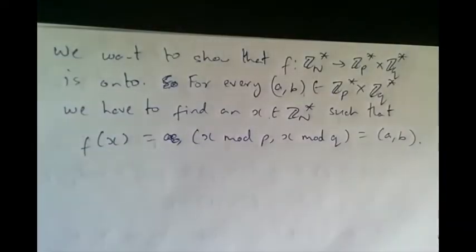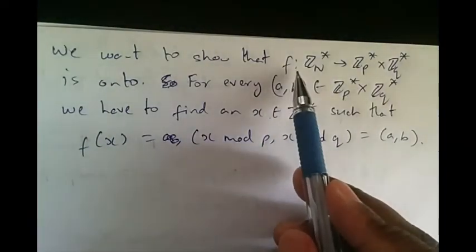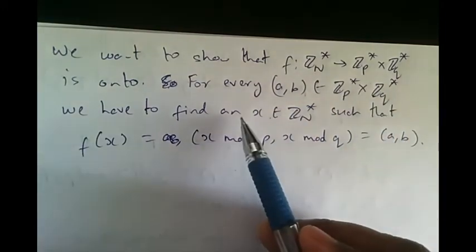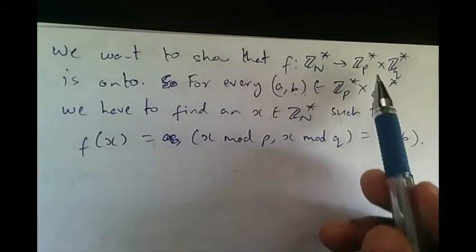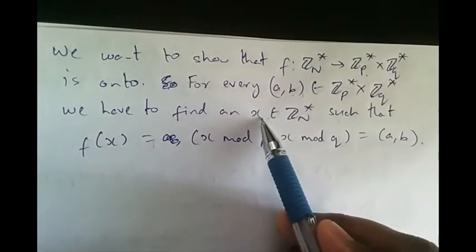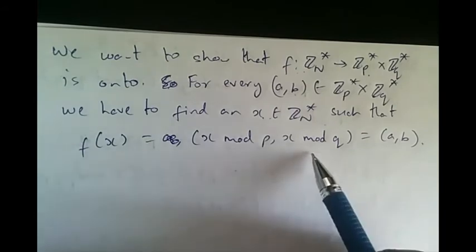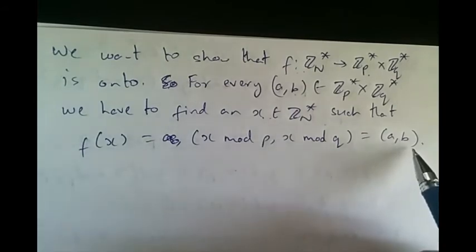So we want to show that f from Zn star to Zp star cross Zq star is onto, which means that for every ordered pair in this set, we have to find an x in Zn star such that f of x, which is given by x mod p, x mod q, is equal to that ordered pair AB.